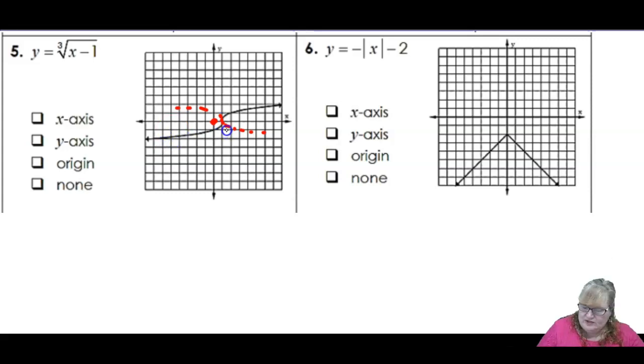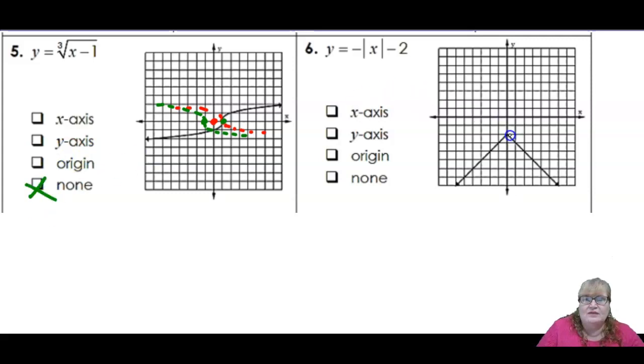If I fold it across the y, this point that was over here at 0, 1 is now going to be over here. If I fold it across the y, you got to think about what that would look like. This piece would go this way, and this piece down here would go this way, but it wouldn't match up exactly where it was. So this has none.